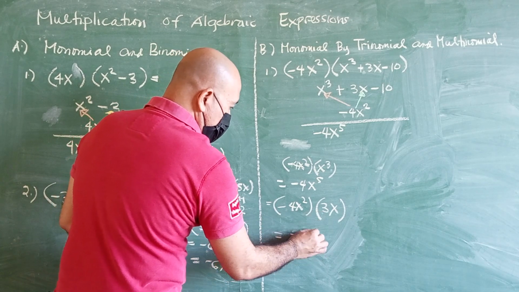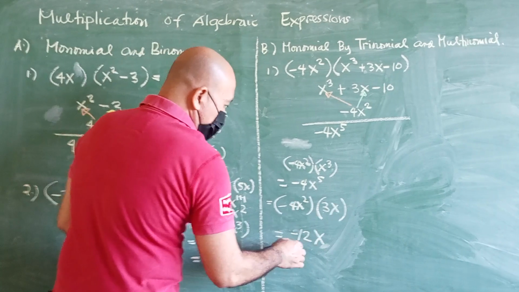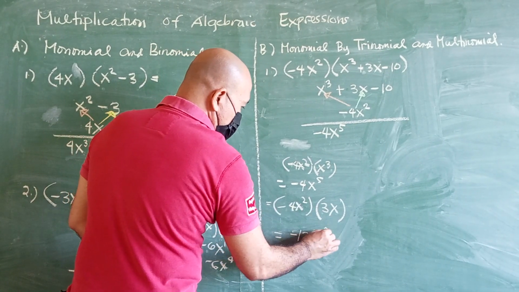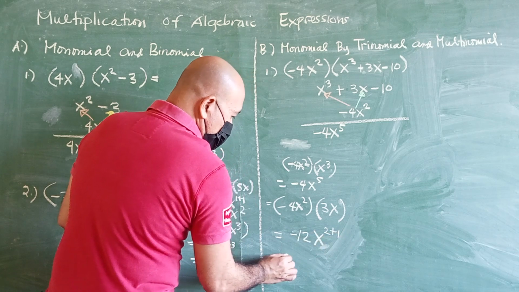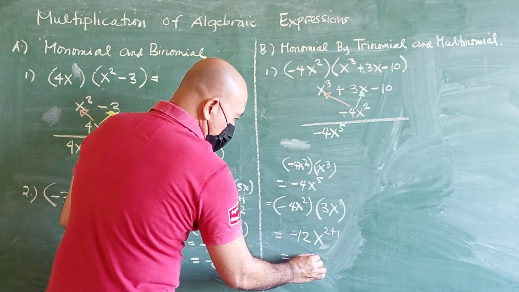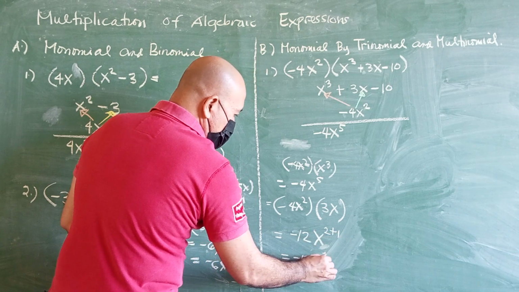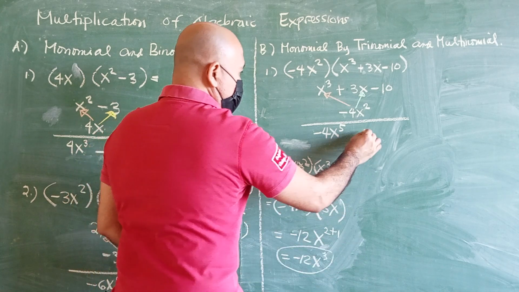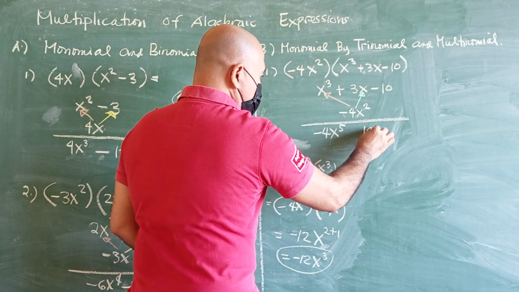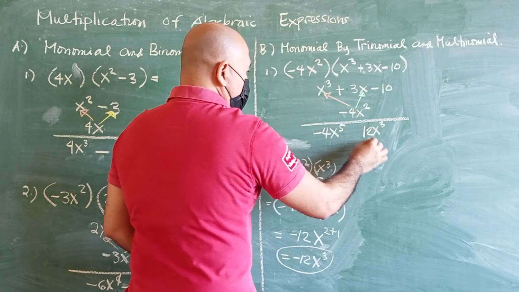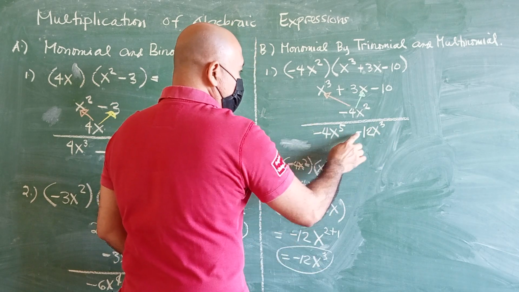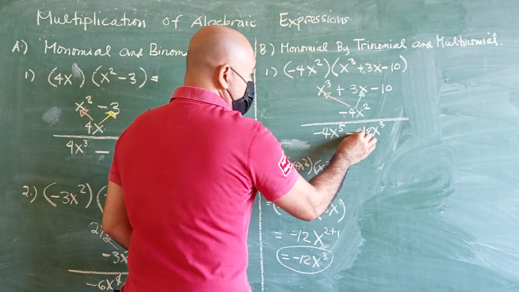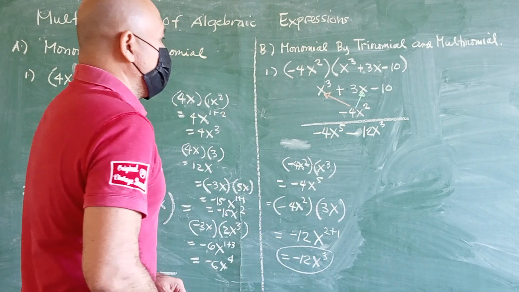And then bring down x directly. So x raised to the power of 2, 1 here as exponent, so plus 1. So the result is negative 12x raised to the power of 3 as your final answer. So this is 12x raised to the power of 3, and this is supposedly negative. But since there's a term here, the negative sign becomes minus.